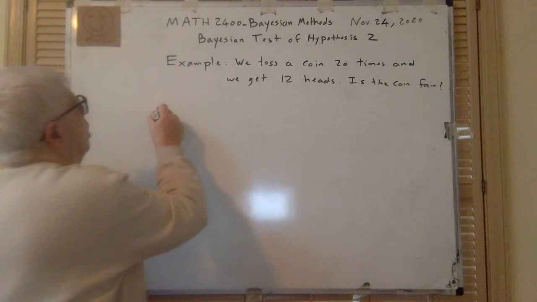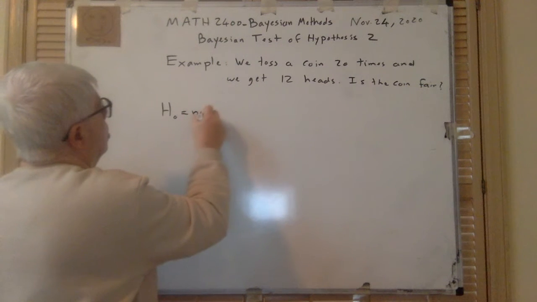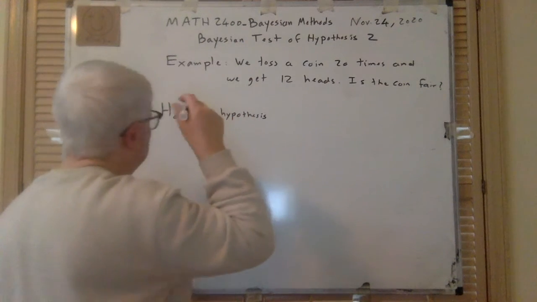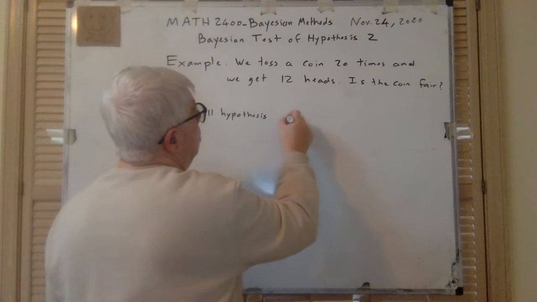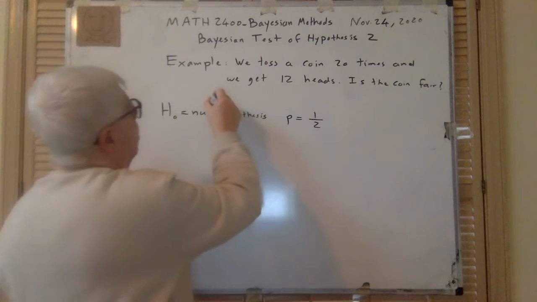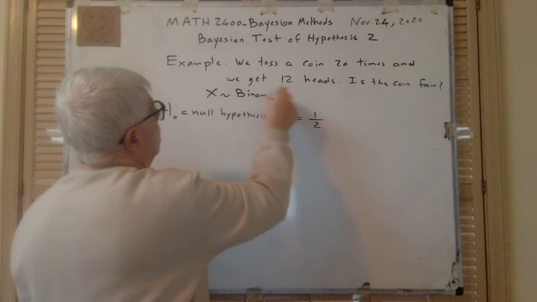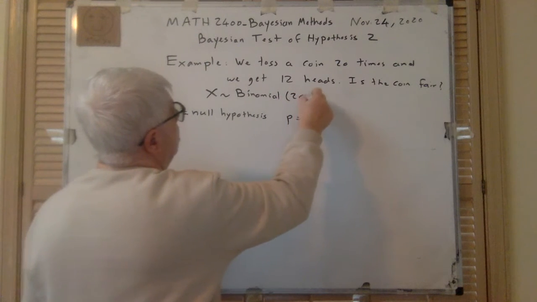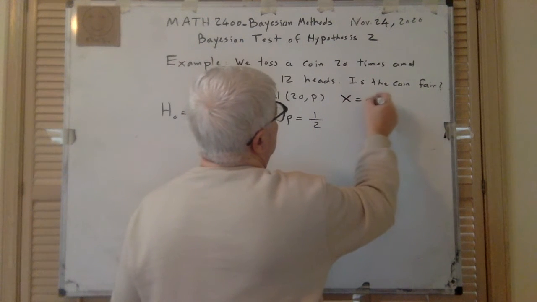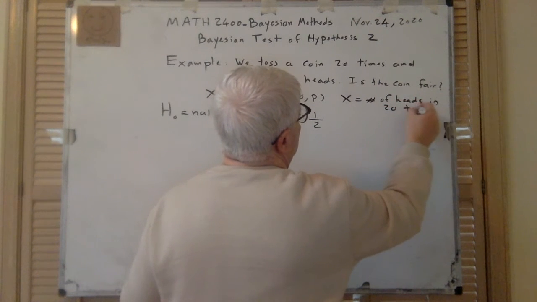Okay, so I said you can say something like this: fair means the null hypothesis, assuming that p is in fact 1/2. X is binomial(20, p), where X is the number of heads in 20 tosses.